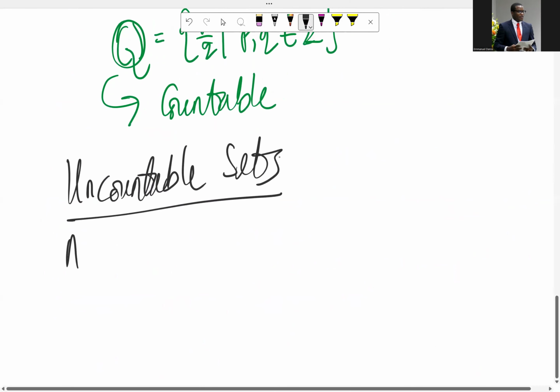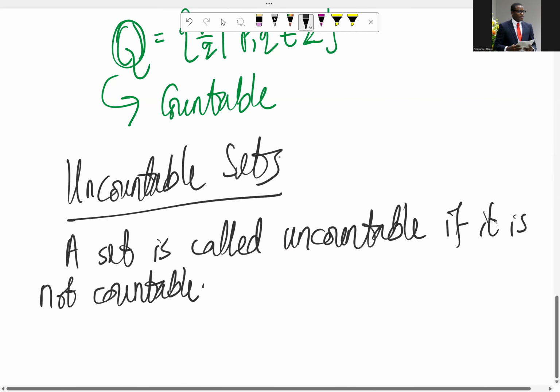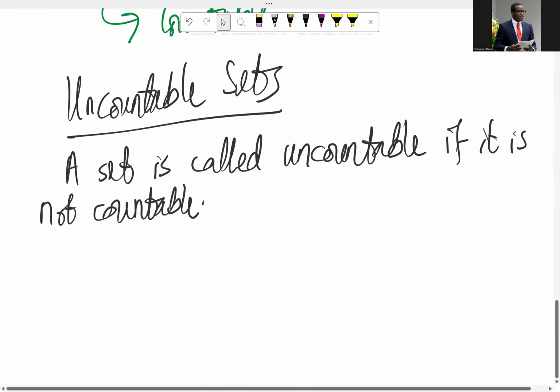Okay. A set is called uncountable if it is not countable. Of course, you already know what it means for a set to be countable. A set is countable if you can list its elements to correspond with the natural numbers. So a set is uncountable if it is not countable.